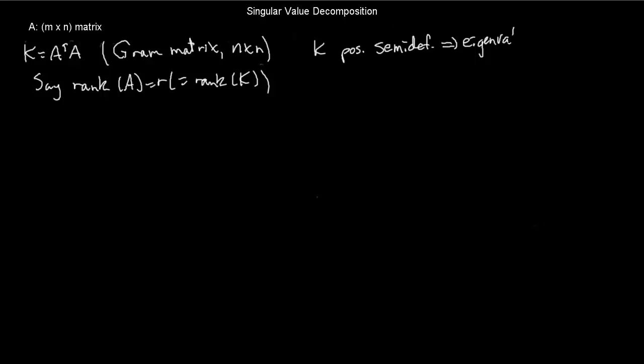So I think it's a good idea to name the eigenvalues. It will be useful for what we're doing next. All of those eigenvalues are non-negative. That's a characterization of positive semi-definiteness.